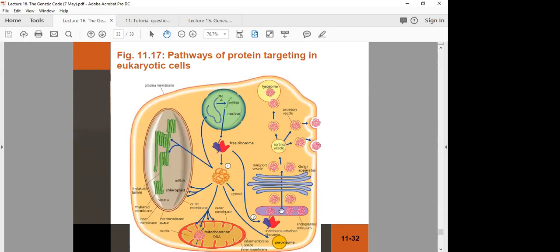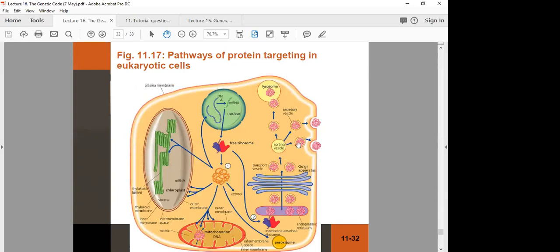Here it might be modified, then sent out via these transport vesicles and deposited into the Golgi apparatus. Further processing and packaging occurs, and then the protein is distributed once again in transport vesicles. Where does it go? It might be sent to the lysosome, as one of those many hydrolytic enzymes found in the lysosome.